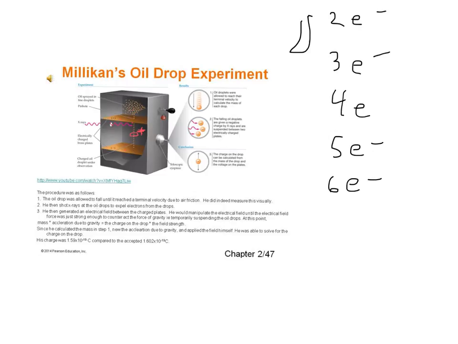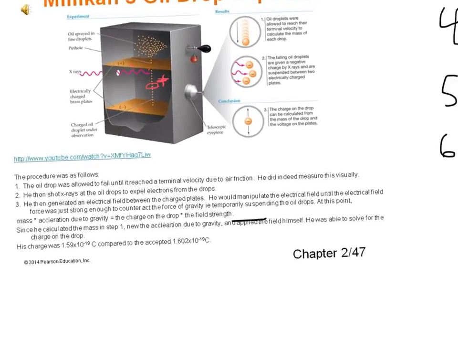And he found the smallest difference that he found between any drops. And he assumed that that was the charge of an electron. Then to test it, he divided the charges in all those drops by that smallest difference. And if that was truly the charge of an electron, then all those charges should be whole number multiples of that smallest amount, which they were, and thus became the charge on the electron.